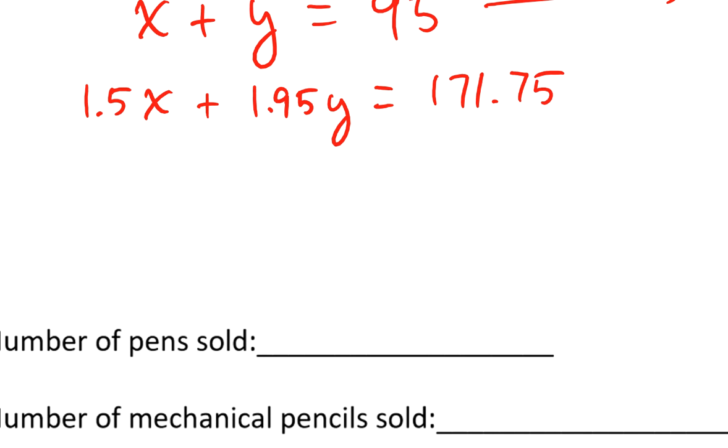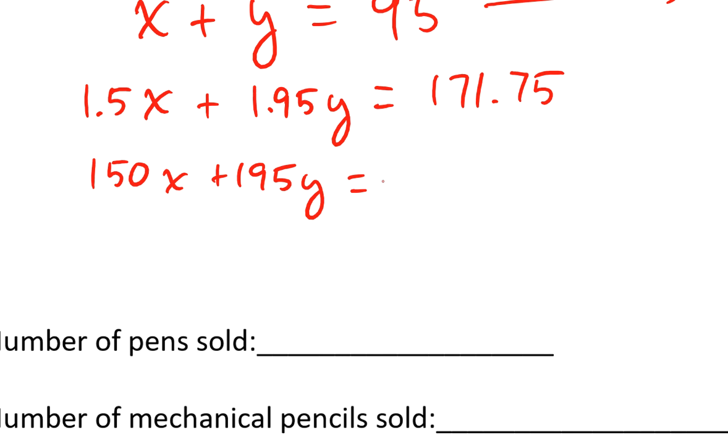The reason I'm doing that is just to get rid of the decimals. This is totally not necessary, but this would become 150x plus 195y, and that would equal 17,175.